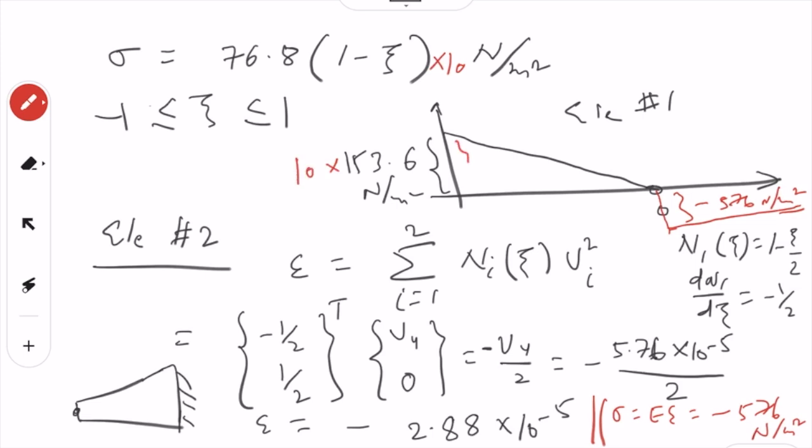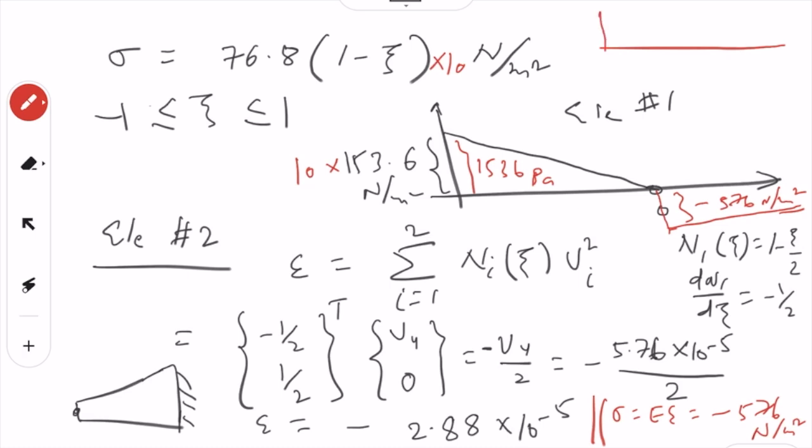So this value should be 1536 Pascal, and this value then is fine, minus 576 Pascal is fine here. Okay, so that means the stress will change along the whole structure.